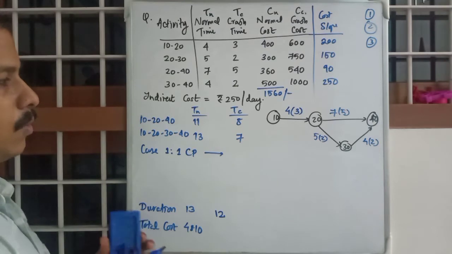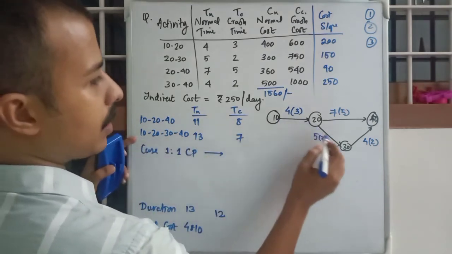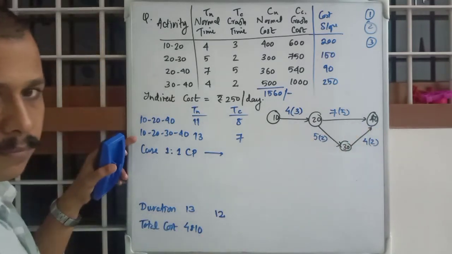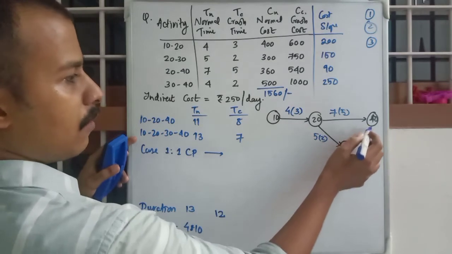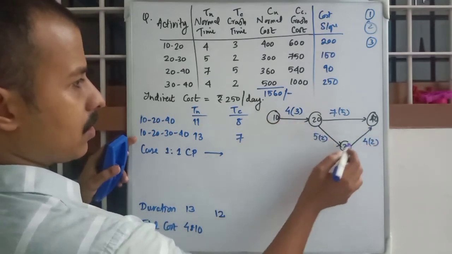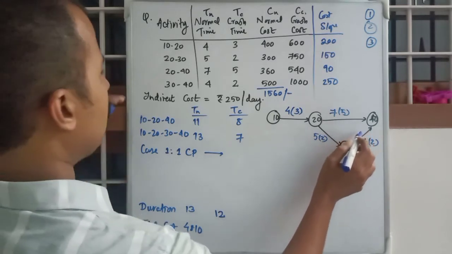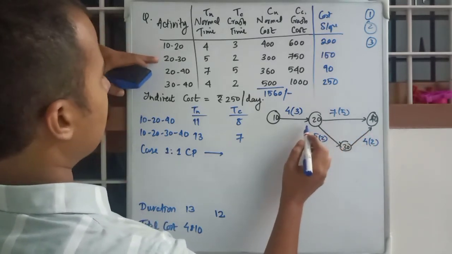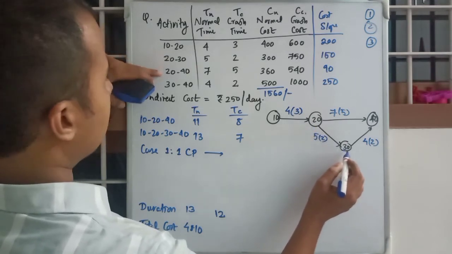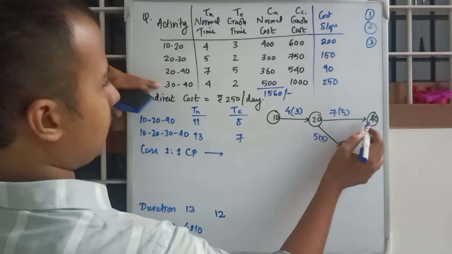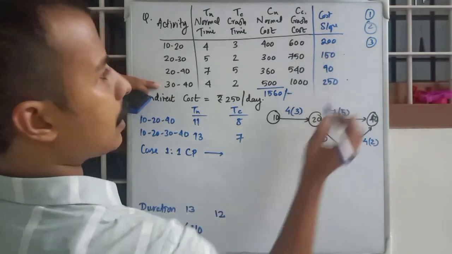Okay, so right now the critical path is this path, 10, 20, 30, 40. Right, 10, 20, 30, 40, this path. Of the activities on which the critical path runs, which are 10-20, 20-30, not the third one, 30-40, we can compare 1, 2, 3.